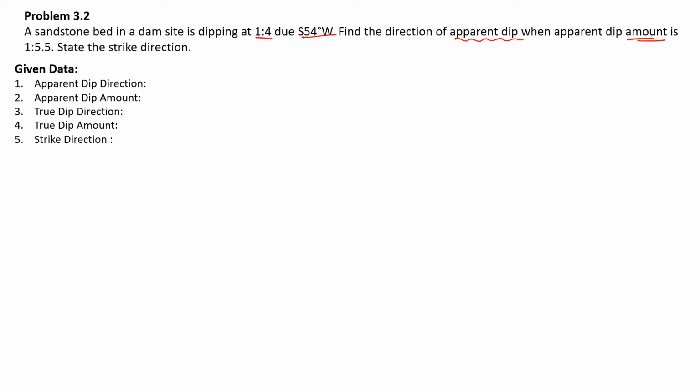So what they say is that we have the true dip direction as south 54 degrees west and amount as 1:4. Strike direction as usual you need to find out. They have given the apparent dip amount, that is 1:5.5, and we need to find out the direction of it.